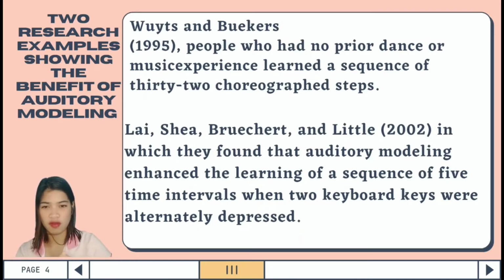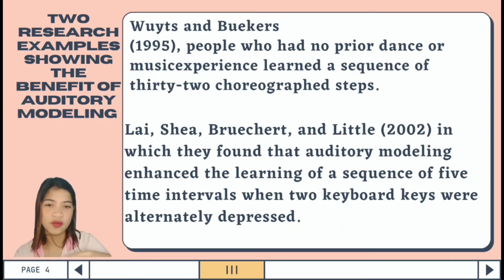This research involves a laboratory task and a sequence of dance steps. In an experiment by Vogt and Beekers, 1995, people who had no prior dance or music experience learned a sequence of 32 choreographed steps.